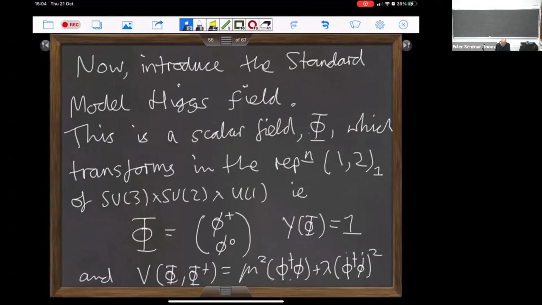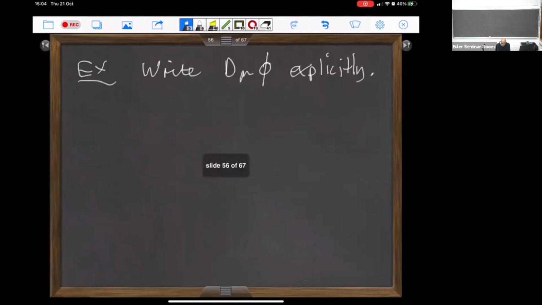Even though this potential is now a function of 2 complex scalar fields, so it's more complicated, the structure is basically the same as what we saw in the abelian Higgs model.